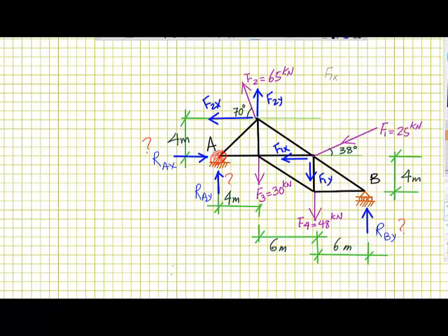So F1x will be equal to 25 cosine 38, and that is equal to 19.7, and F1y is equal again to 25 sine 38 degrees, that is equal to 15.39.